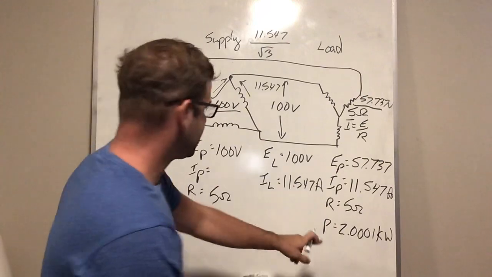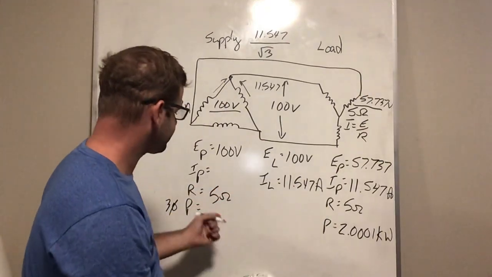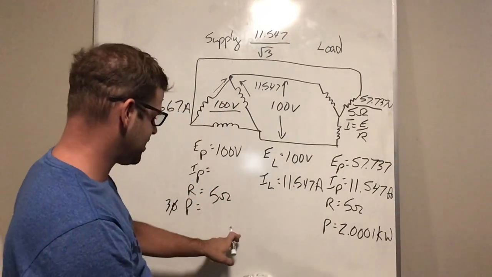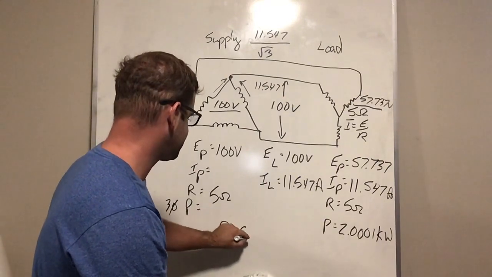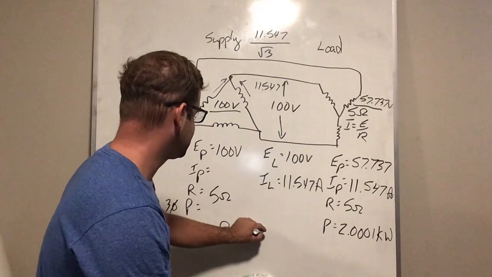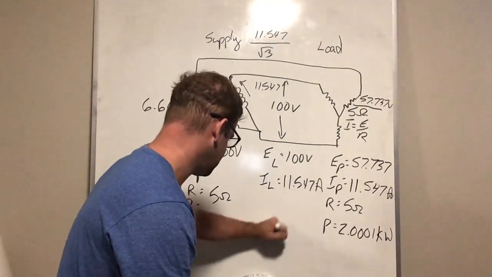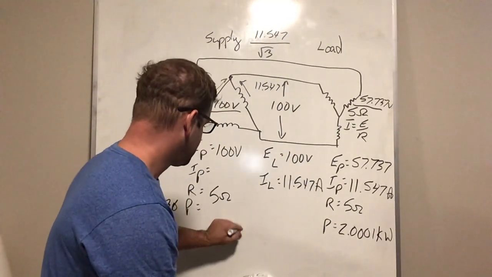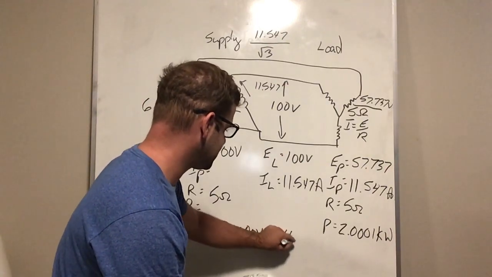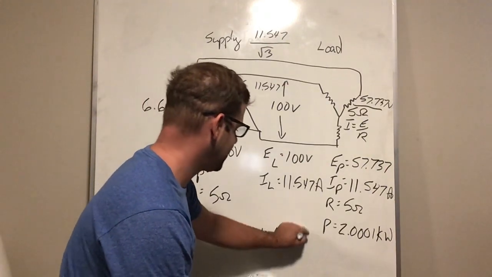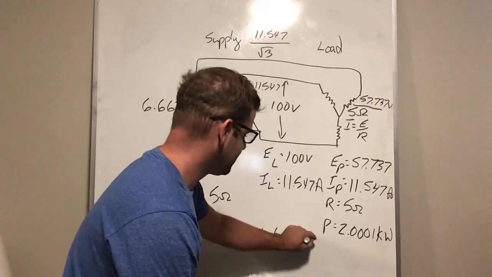And just so you know that that is the same, if we take these values down here and we have our three-phase power of 6.667, let's rearrange that. Let's do 100 volts times 6.667 amps times 3.